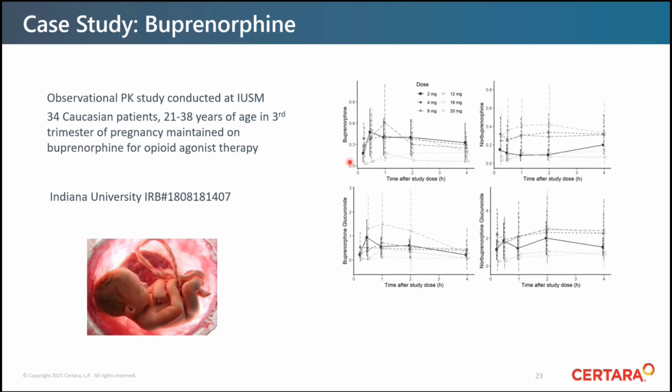We had data for both buprenorphine and its metabolites. Again, our goal was to utilize the PBPK models reported in the literature and validate them using our external data set.